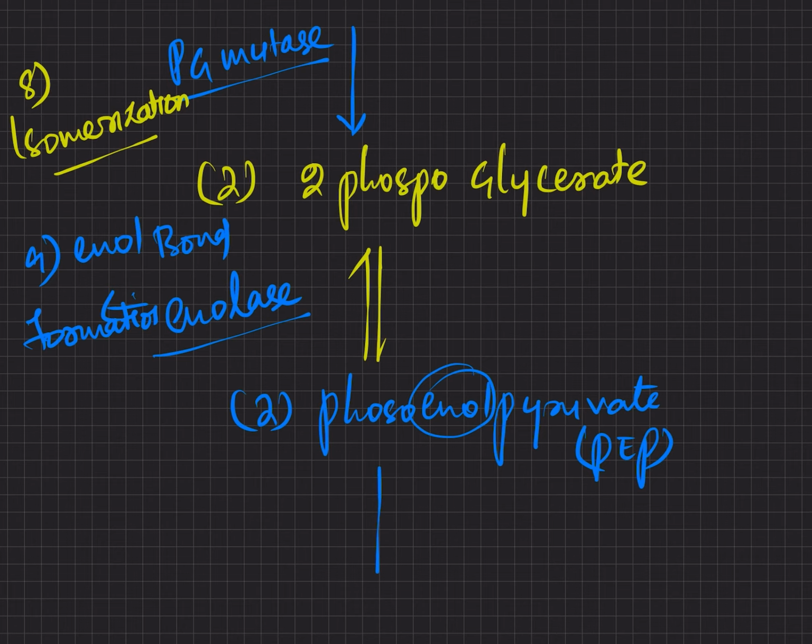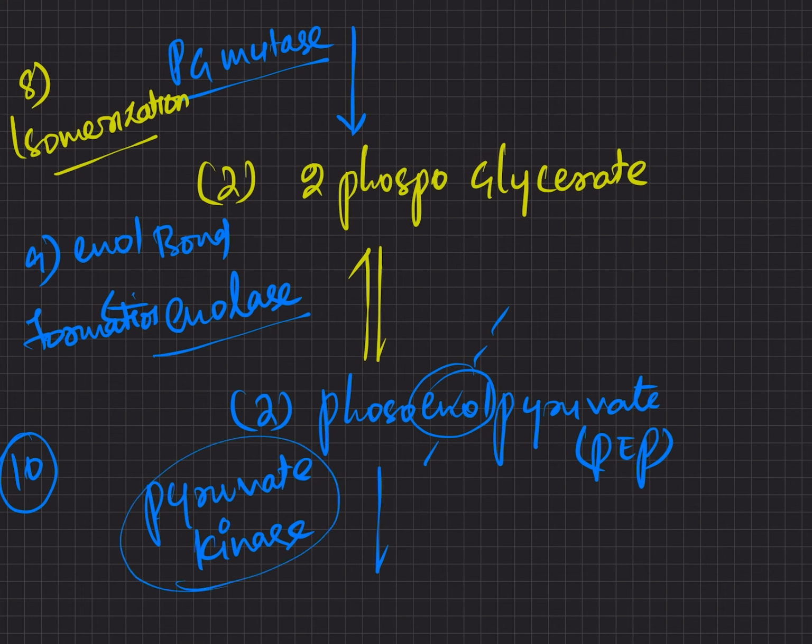And now coming to the next reaction, the final 10th step. These 2 moles of phosphoenol pyruvate. Now let us completely break this enol bond. The enzyme we require for breaking this bond is pyruvate kinase.